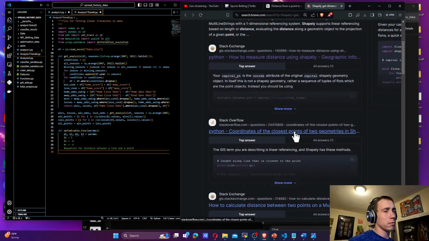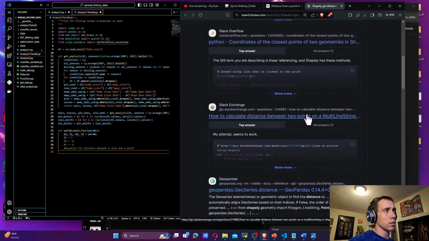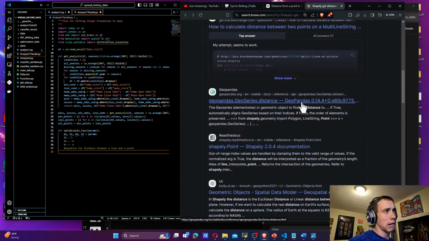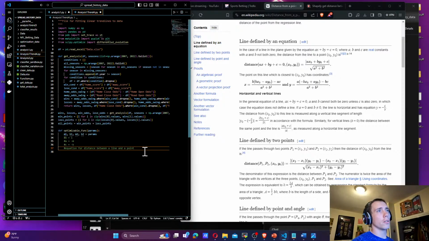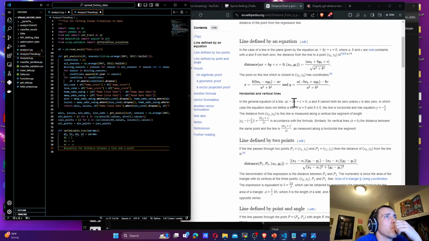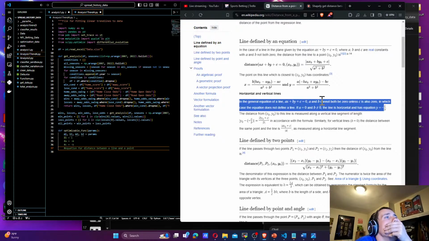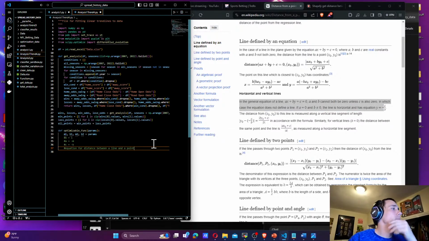Come on, Shapely. Yeah, I don't know, that looks confusing. So back to this: equation for distance between a line and a point. The point on this line which is closest to that point. Okay.